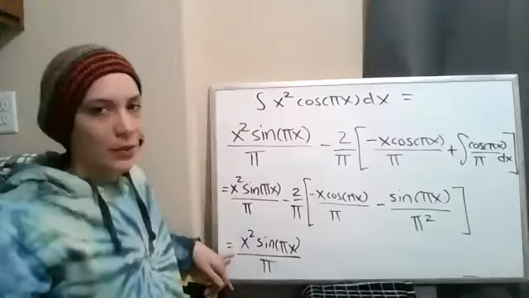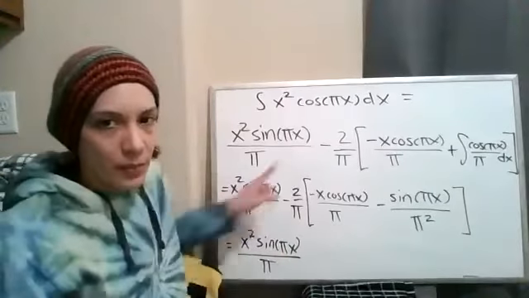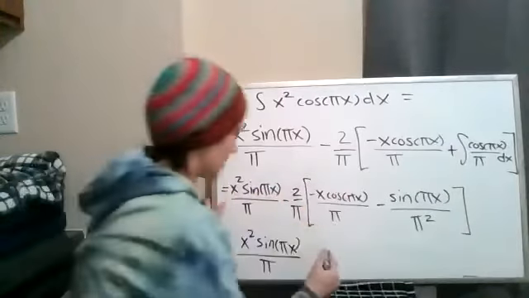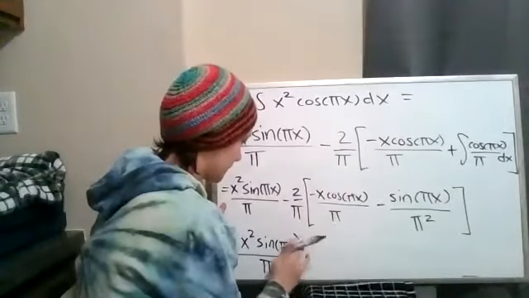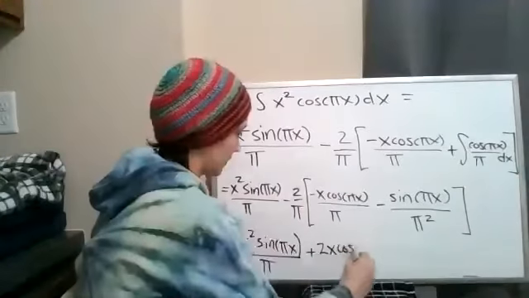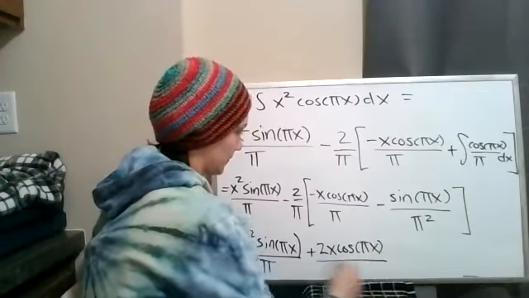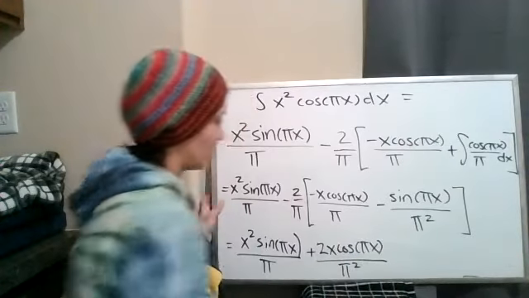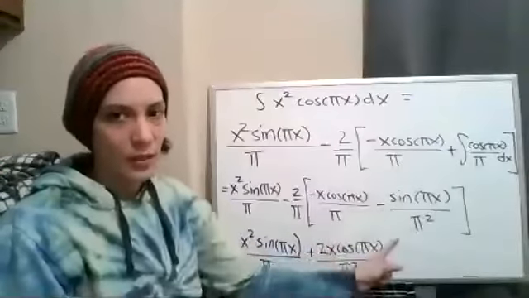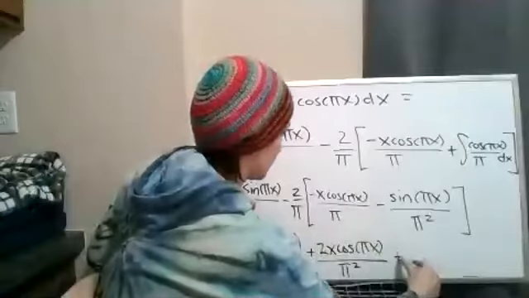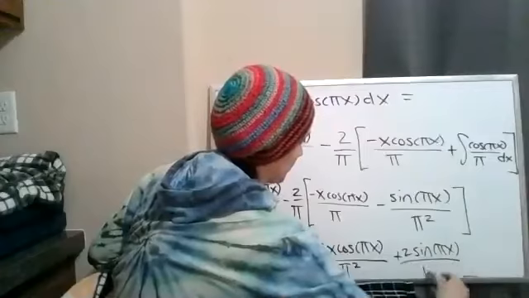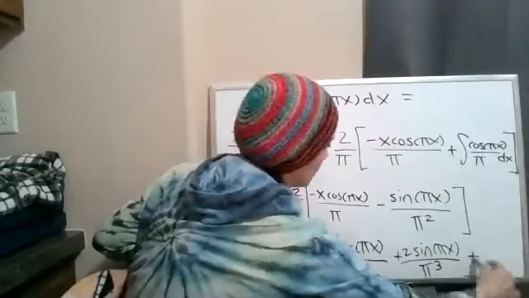The first piece being x squared sine of pi x over pi, plus 2x cosine pi x over pi squared, plus 2 sine pi x over pi cubed, and then plus c.